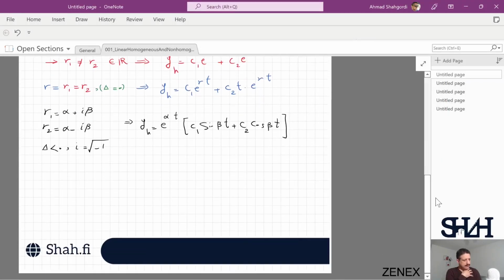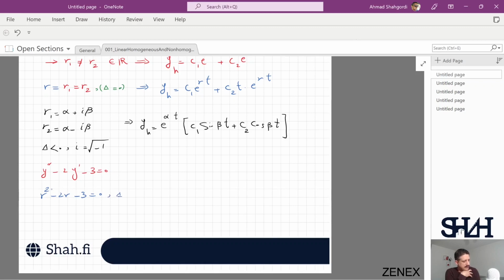Let's have a simple example. Assume that we have y double prime minus 2y prime minus 3y equals 0. First, we need to form the characteristic equation, which is r squared minus 2r minus 3 equals 0.